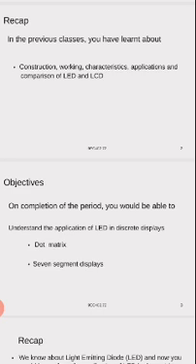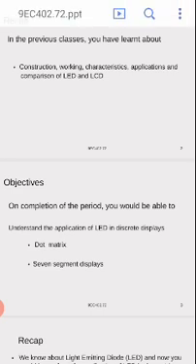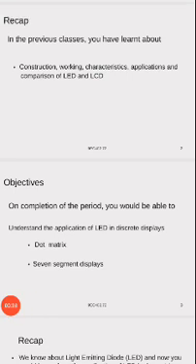In the last class, we discussed about LED and LCD topics. In those topics, we discussed both constructions, LED, LCD constructions, and working principles of LED and LCD.